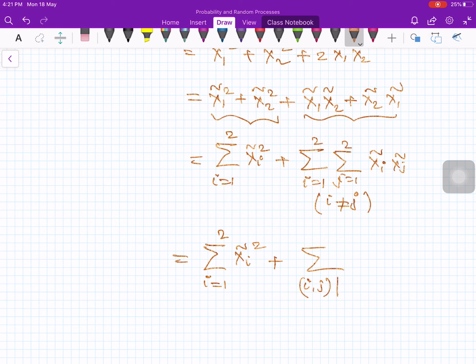This curly braces indicate the set of all points, the set of all i comma j such that i is not equal to j. In that way you should read it. So xi tilde times xj tilde. Okay, in this summation you have i equal to 1 up to n and j equal to 1 up to n such that i is not equal to j.